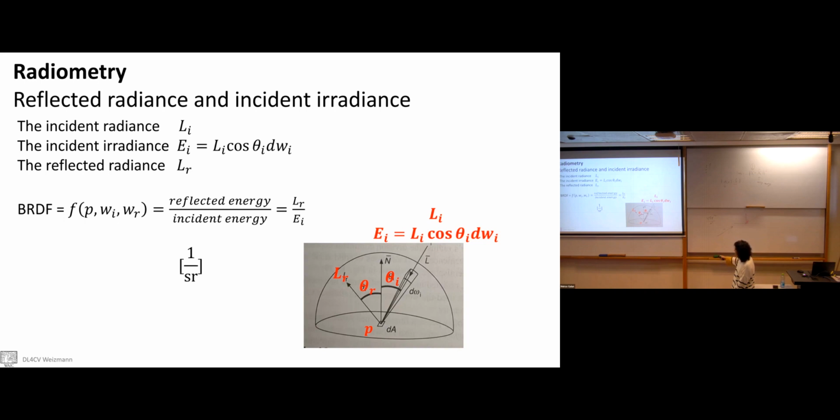That's what I see here on the surface. And then light is reflected. So what is the BRDF? It is the reflected energy, LR, divided by the incident irradiance, EI. That's what is written here. And in the case of the mirror, it's going to be 1, because the input and the output are the same.